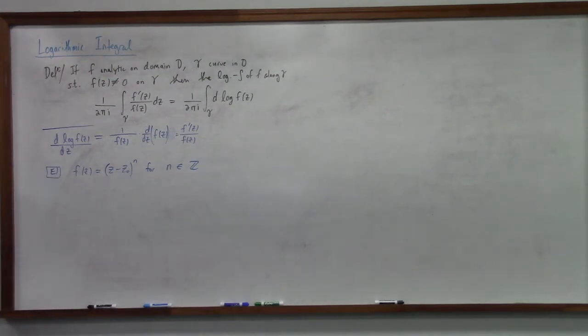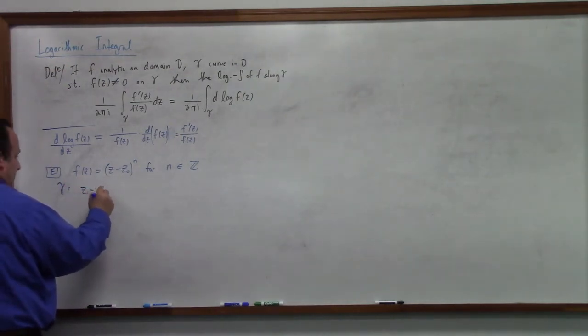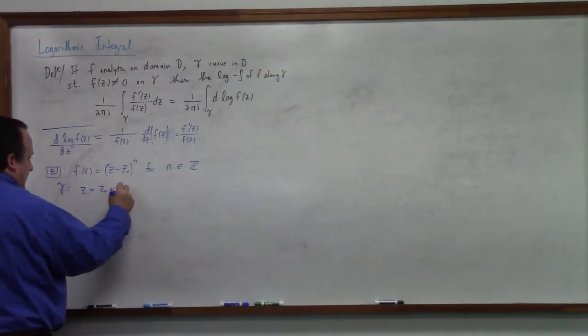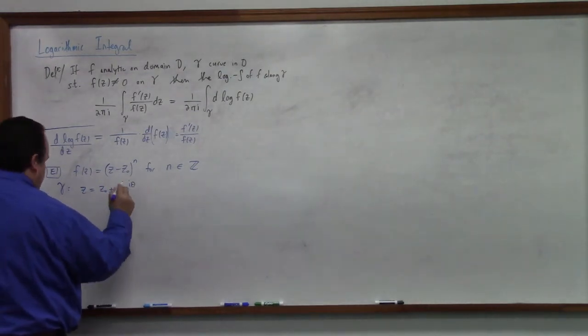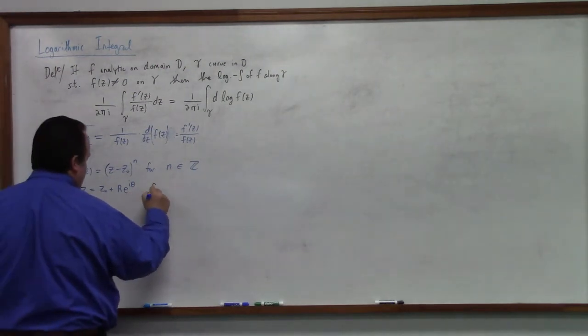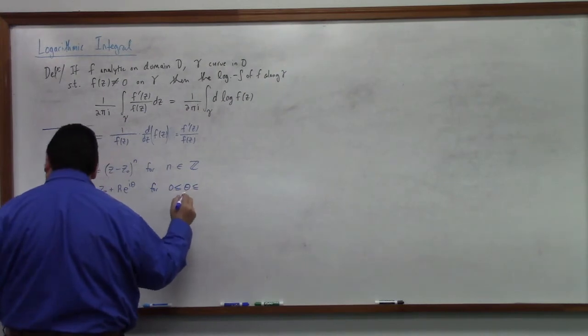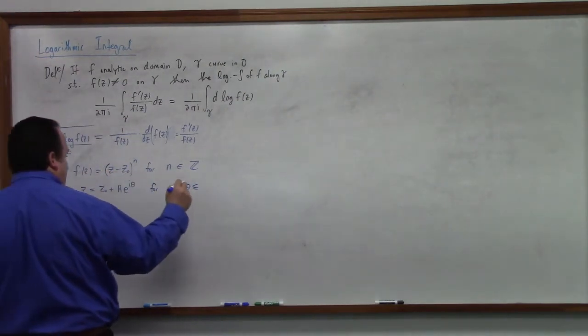And then let's look at the unit circle gamma parameterized by z equals z naught plus r e to the i theta, for 0 less than or equal to theta less than or equal to 2 pi k.